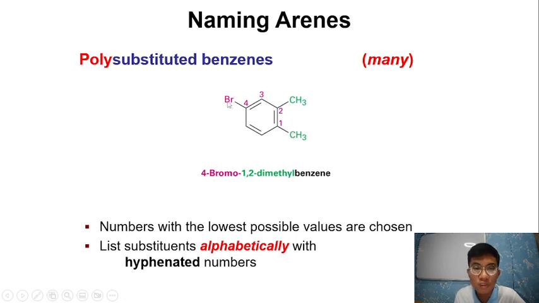Ang gawin niyo, pwede niyo siyang lagyan ng tag, ano muna, 1. So, Br mo ng 1. Si CH3 ang 1. Tapos ito, another 1 din. Saka kayo mag-ikot. It's either clockwise or counterclockwise.